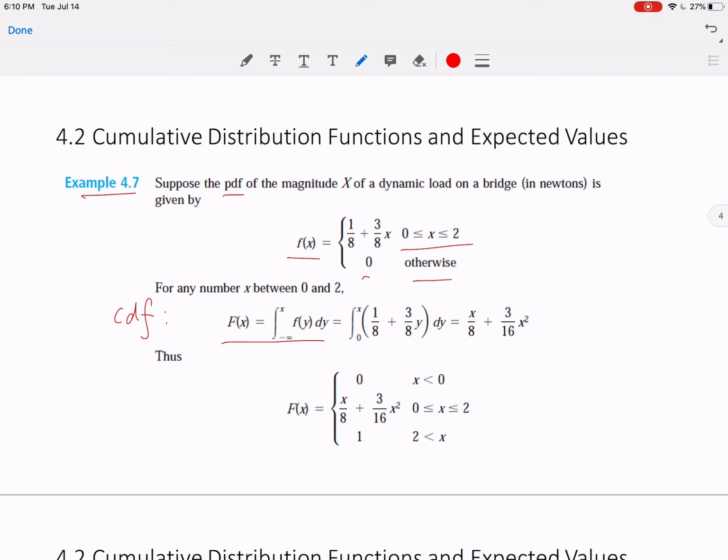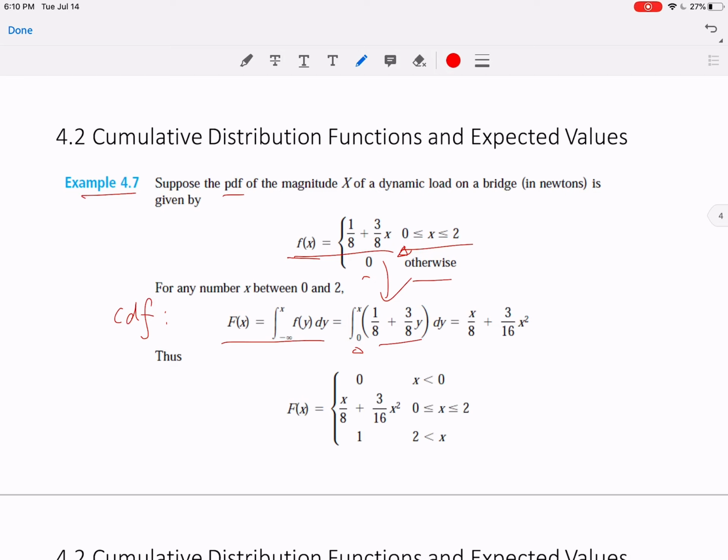And then, of course, we plug the specific boundary points back into the integration here. The lower bound is 0, of course, and the upper bound could be any number between 0 and 2. So we put x over here, and then we put the form of the PDF back into the integration. Since we are doing the integration with respect to y, we're going to have 1 over 8 plus 3 over 8 of y here.